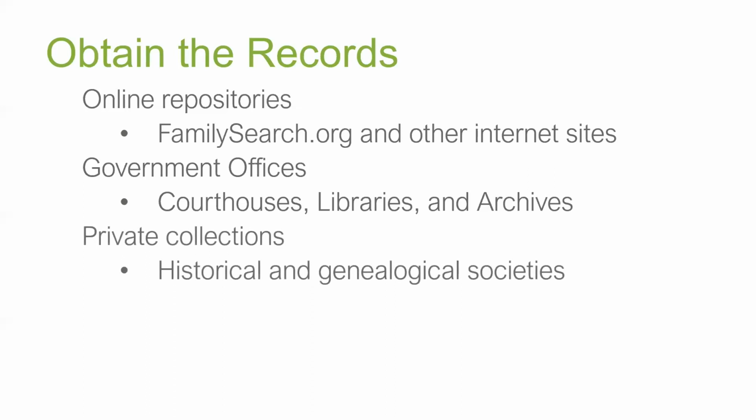There are also private collections, such as those housed in historical and genealogical societies. And finally, I can also look in books and periodicals. Searching card catalogs is a great way to find records in different repositories for the right locality and time period. Many institutions have online card catalogs on their websites.